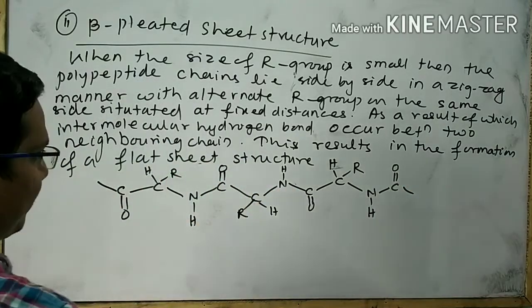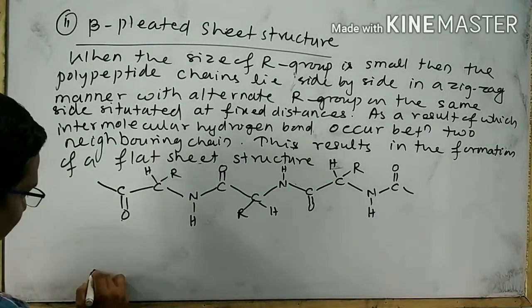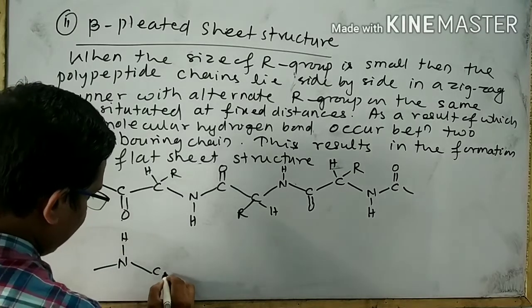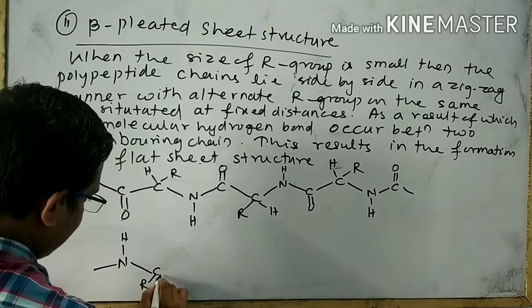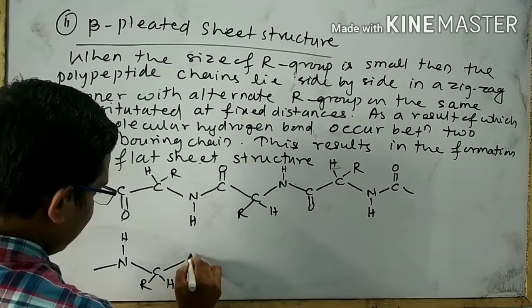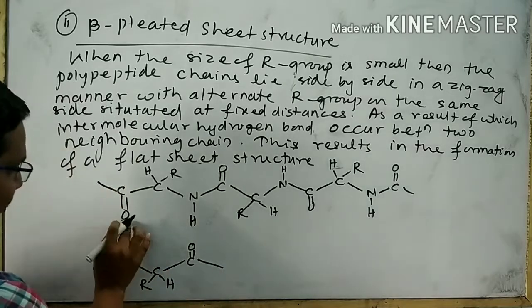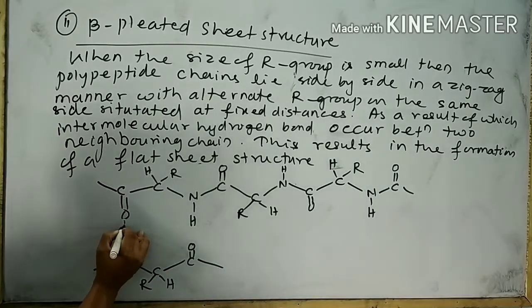This is one polypeptide chain. Suppose I draw another polypeptide chain like this. Here a hydrogen bond is formed between this oxygen and hydrogen.